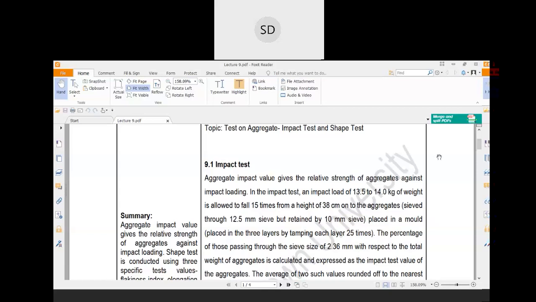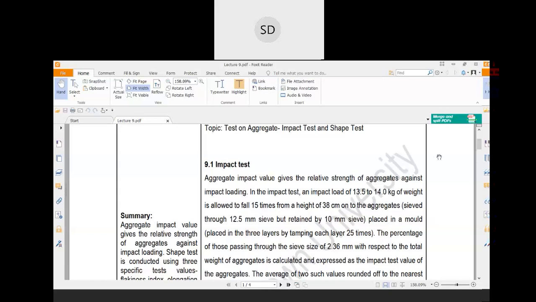Now after the 15 blows, you have to take out the aggregate particles and sieve them through an IS 2.36 mm sieve, and find out the total percentage of the aggregate passing through the 2.36 mm sieve with respect to the total aggregate which you have taken. This value multiplied by 100 will give you the impact value of the aggregate.